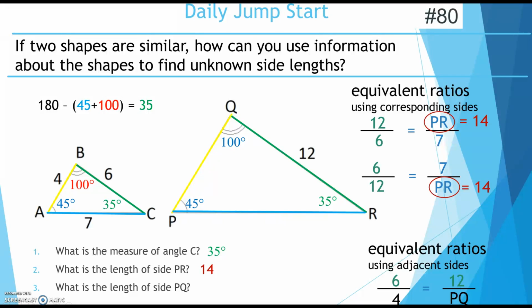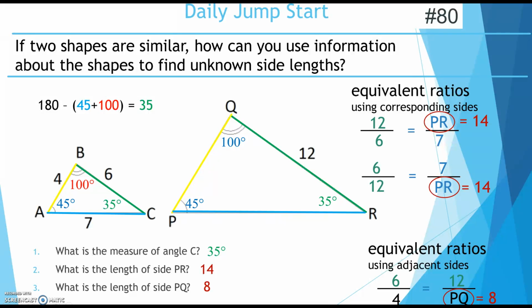So this is another method to actually find a missing side length. You'll see here that 6/4, if I think about doubling this, then I can multiply the numerator and the denominator by 2. 6/4 is equivalent to 12/8. So my length here of PQ is equal to 8.